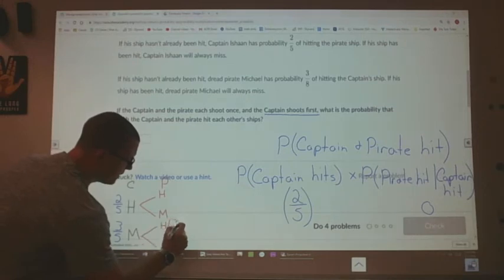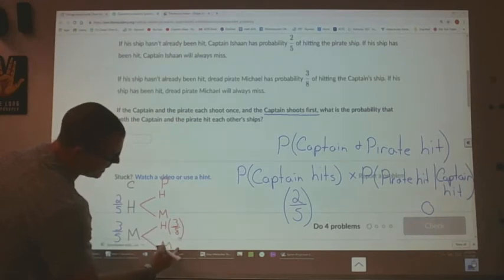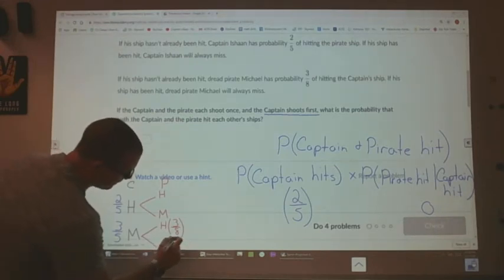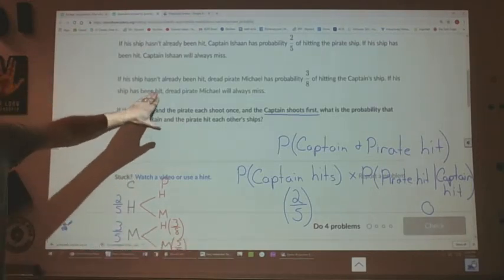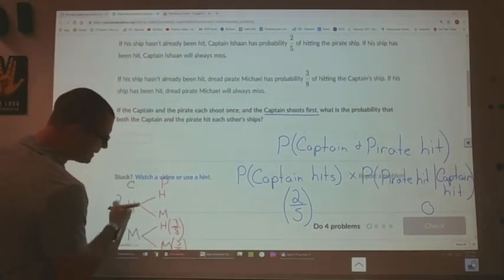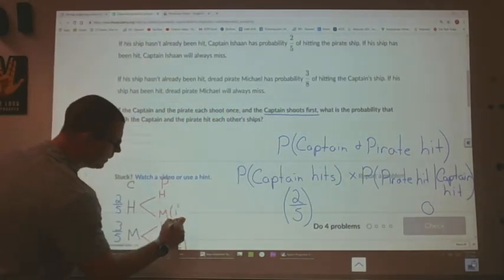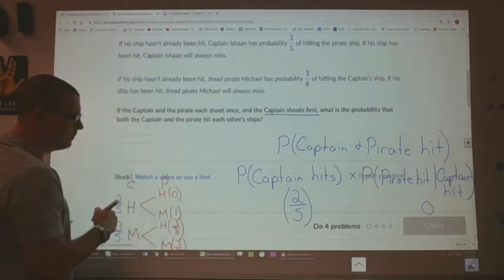So we're going to put that 3/8 here, which means 5/8 goes here. If his ship has been hit, he will always miss, which means if it has been hit, this is a 1 and this is a 0. He's never going to hit.